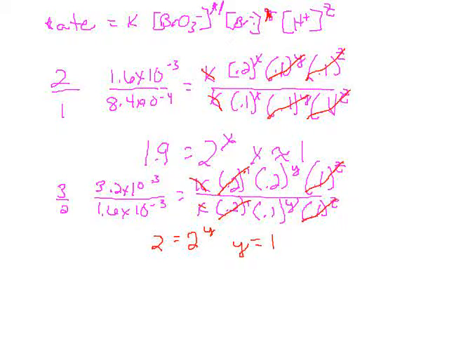Okay, and to find the last one, to find Z, if I compare experiment 4 to 1, that means we have 3.2 times 10 to the negative 3 over 8.4 times 10 to the negative 4.